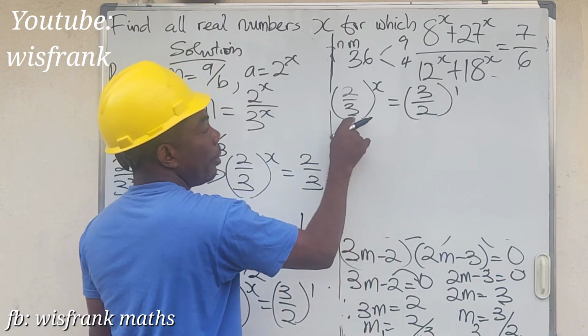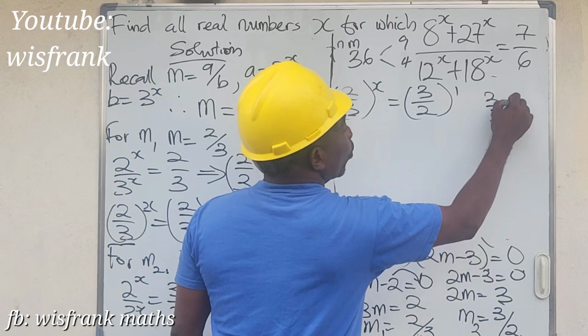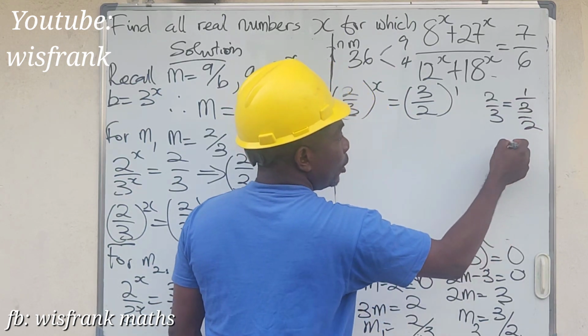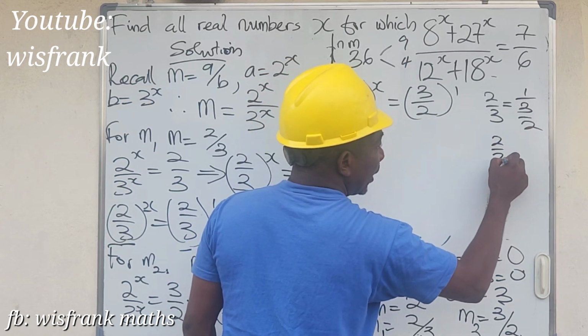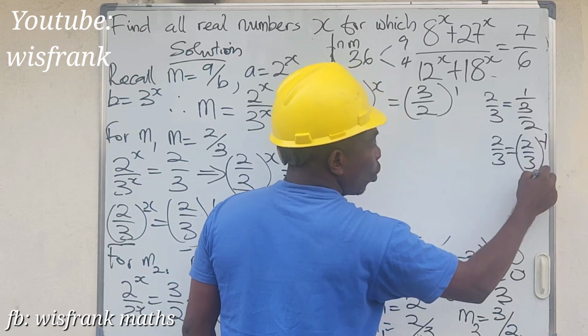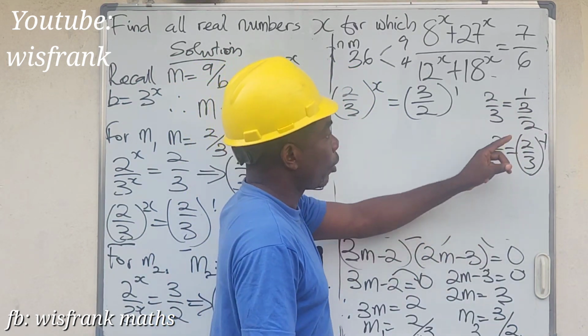But for us to make this equal to this, 3/2 will become 1 over 2/3. That means 2/3 is the same thing as (2/3)^(-1), because we put 1 over 3/2.